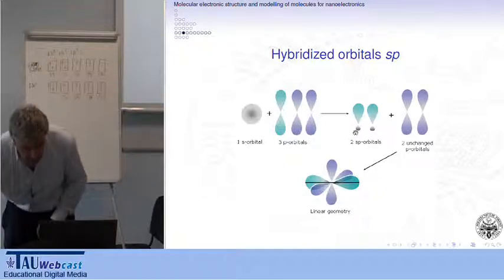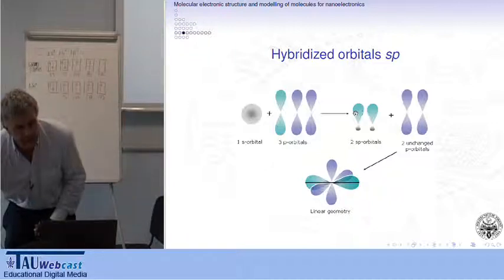The sp orbitals can be derived in the same way that we did with hydrogen. You can do a combination of wave functions for the spherical orbital 2s with the orbital 2px. You can add and subtract this lobe and this sphere, so you can obtain two orbitals with this shape in opposite directions.